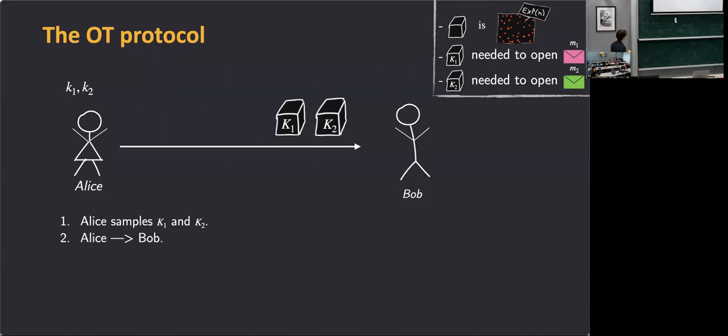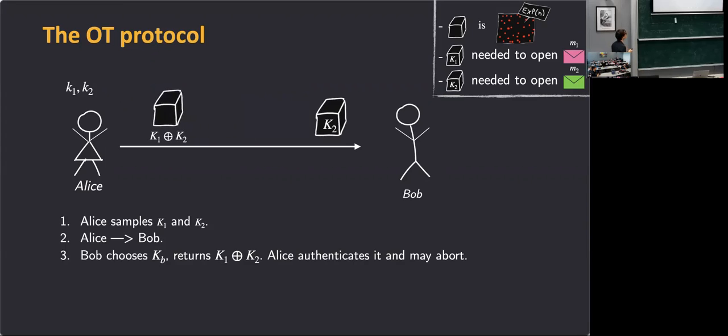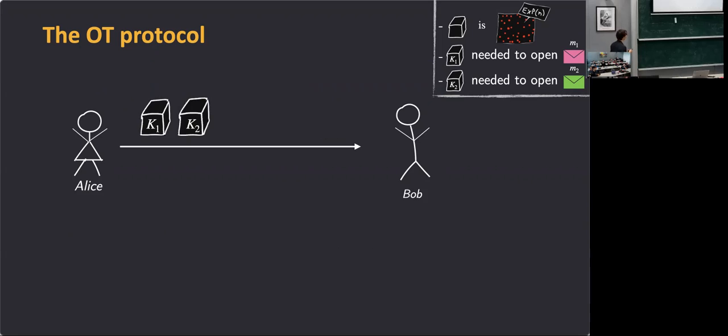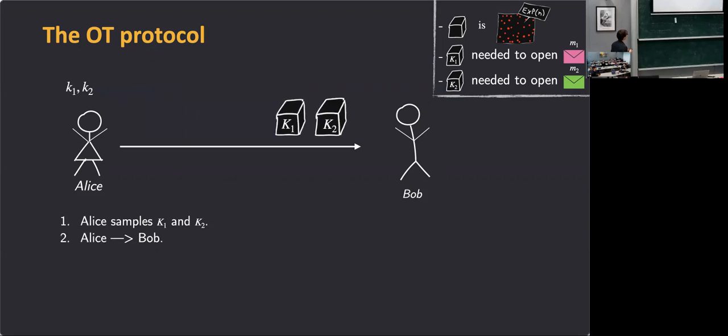Then she sends these two cubes to Bob in some thermodynamically reversible way. Bob receives the two states. And then, in the honest version, he will choose one of the two states, and he will return the XOR of the other two. Bob starts here, and let's say that he wants to keep K2. What he's going to do is XOR K2 into K1.